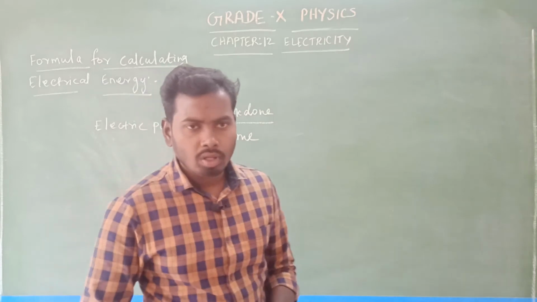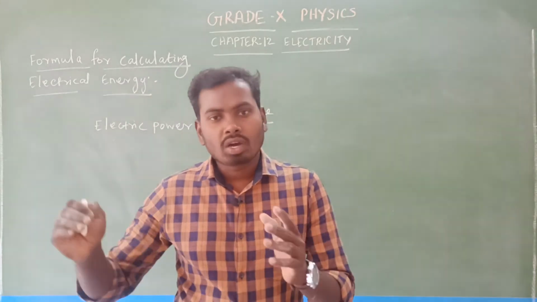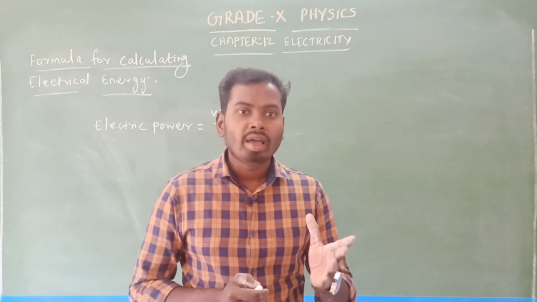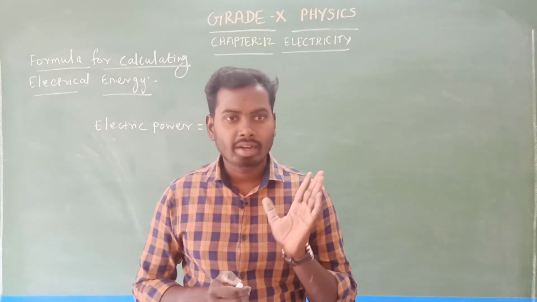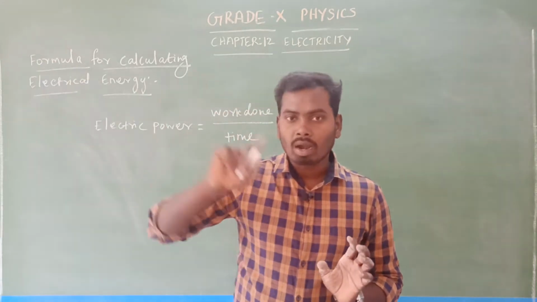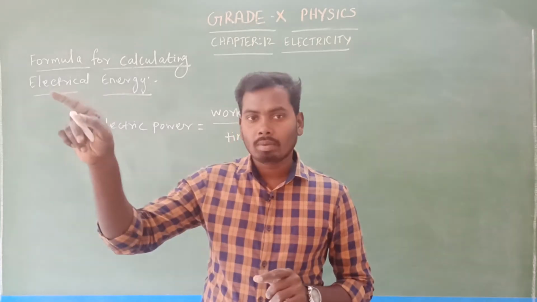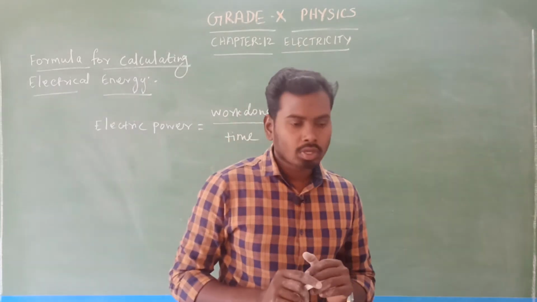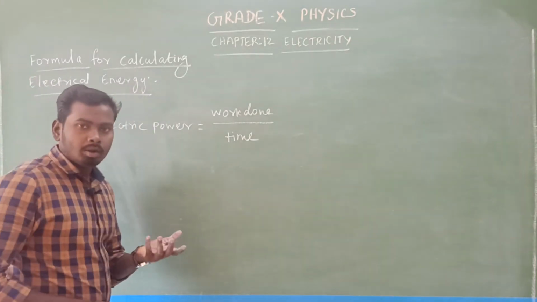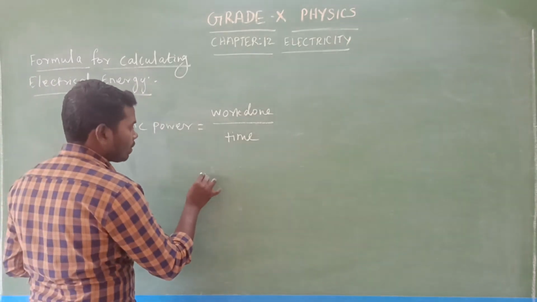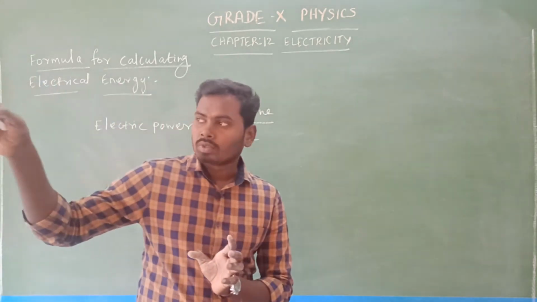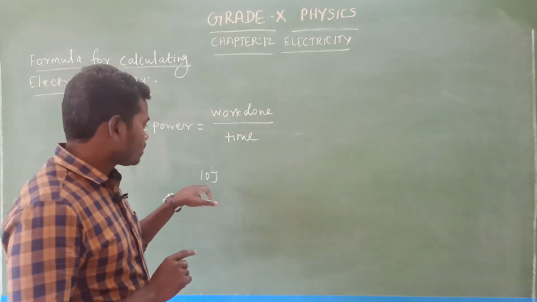Already we know, whenever work is done, an equal amount of energy is consumed. For example, here that electrical bulb is glowing. Suppose that electrical bulb does work of 10 joule.